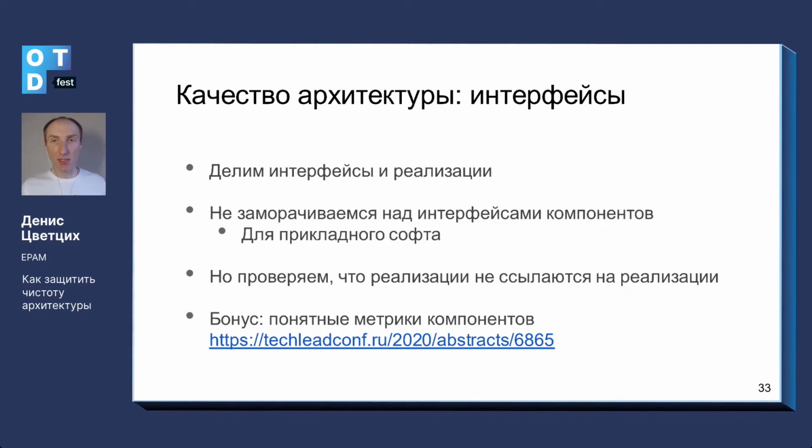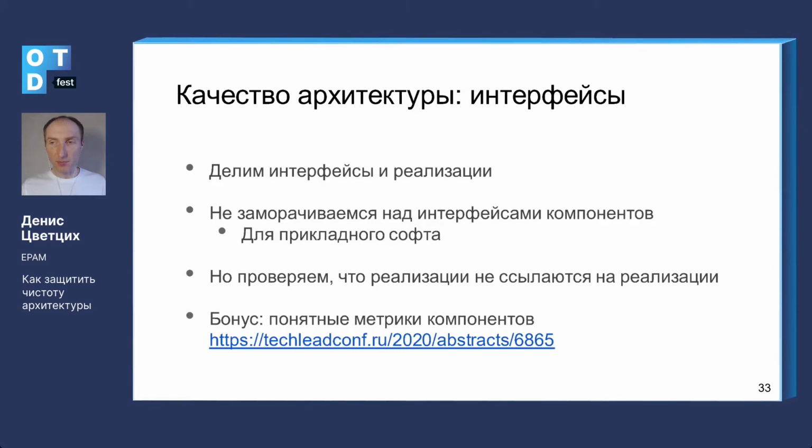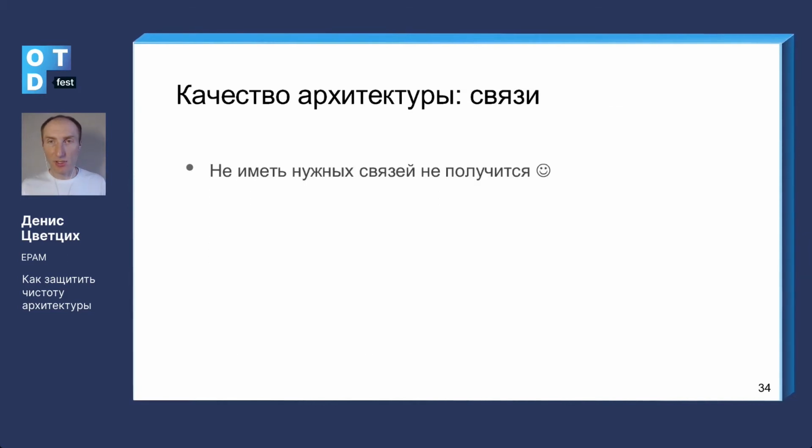As a bonus, we have some very clear metrics and component diagrams. We can calculate these metrics on sustainability and reliability, and that was what was offered by Uncle Bob. I had a dedicated report on that, and in the TechConf there is the link in the slide.